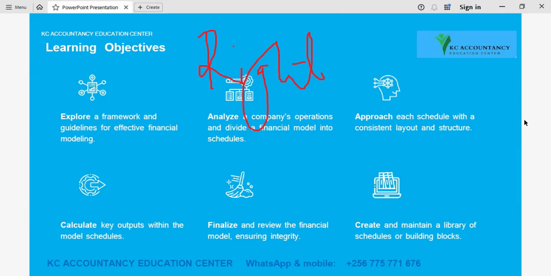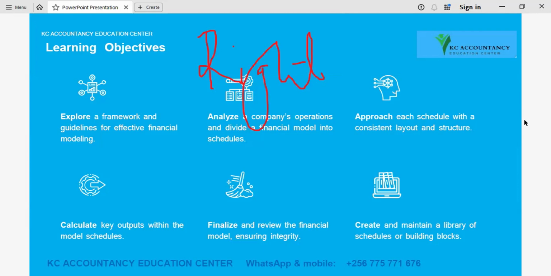Lastly, after completing this course, we shall be able to understand how to design and build a dashboard for stakeholders using data tables. Remember, everything is going to be done in Excel. We will be able to use data tables.